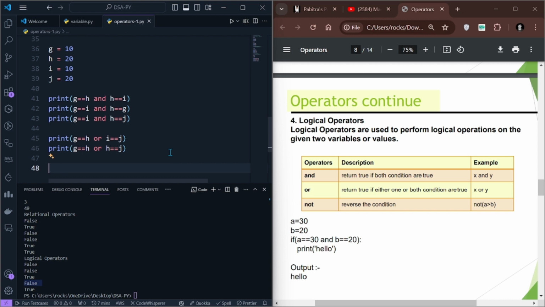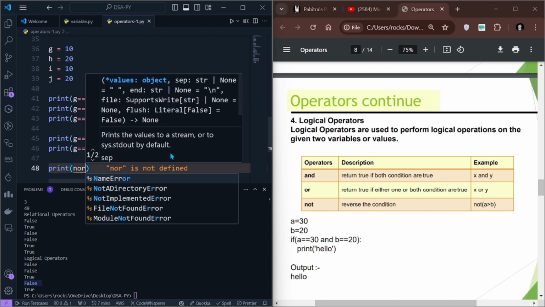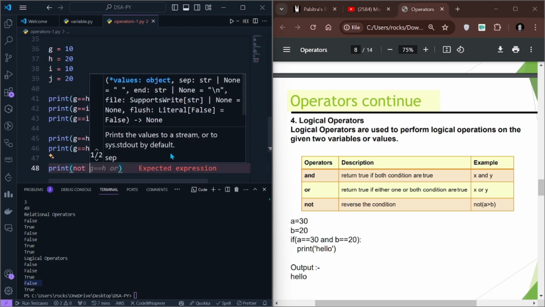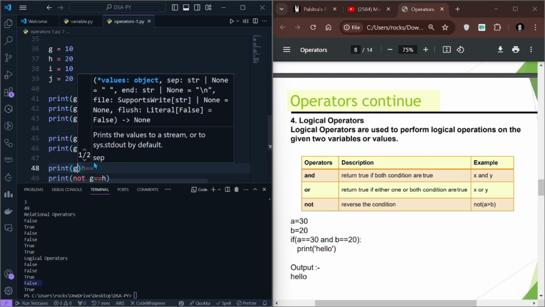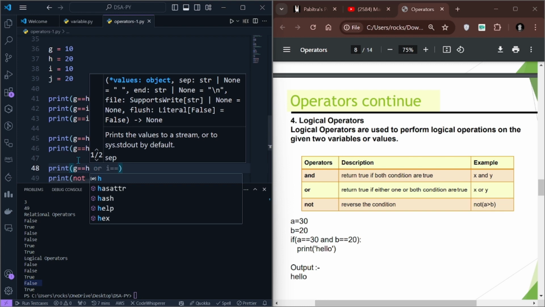Now we will use the logical NOT operator. We were using the print statement, and then we will use the NOT operator. Let's suppose G is equal to H. What should be the value of G is equal to H? It should be false. Before that I am going to print the value of G is equal to H for you.